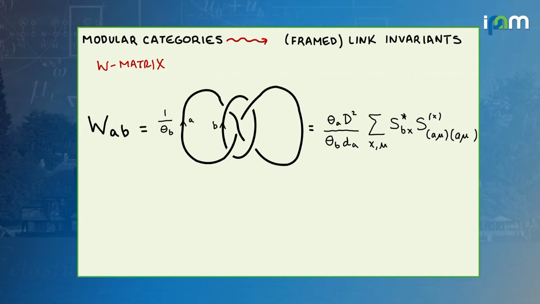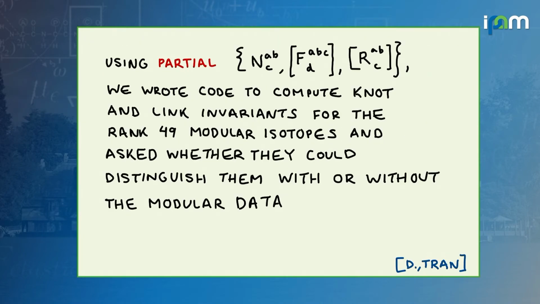So we were interested in the W matrix because maybe it's like the next thing you might think of. But with Alan Tran, who's now at HRL, we used partial algebraic data for this rank 49 category, which is huge. We didn't have full algebraic data. We did not have the F symbols for a rank 49 category, but we had enough to calculate invariants of small knots and links.